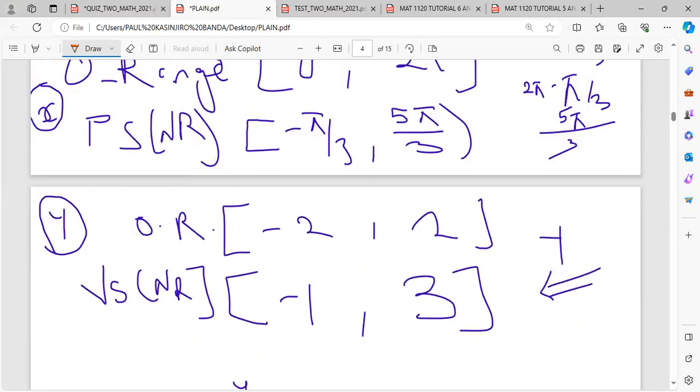Using this range, you can see that you have -1 and 3, meaning when you go up, your graph should end at 3, and when you go down, your graph should end at -1. You apply this at the last step.